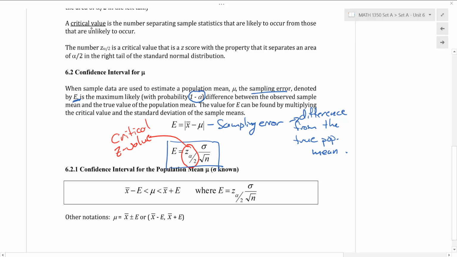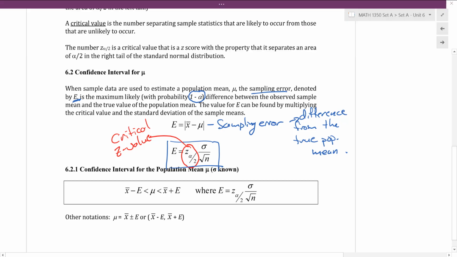And we have here sigma x bar. Together, the sigma over square root n, we know from the central limit theorem, is the standard deviation of the sampling distribution.